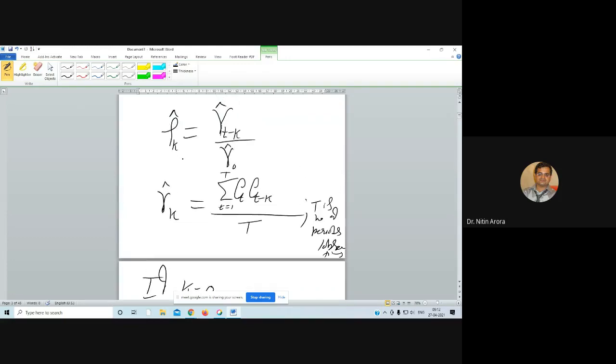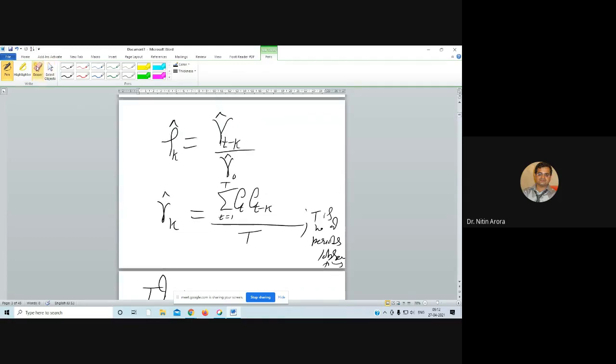So rho k cap is gamma k cap upon gamma naught cap, right?